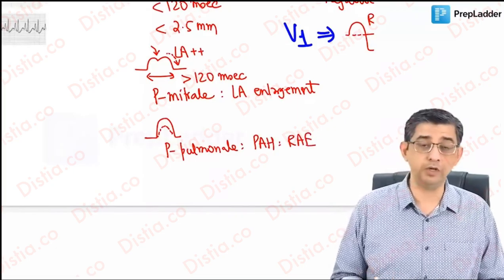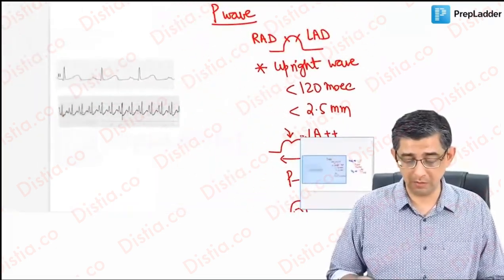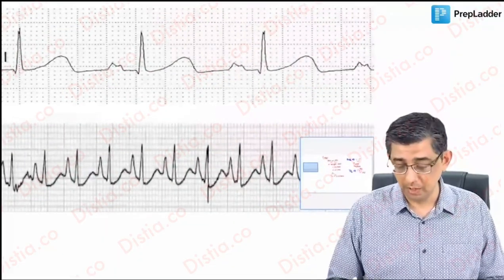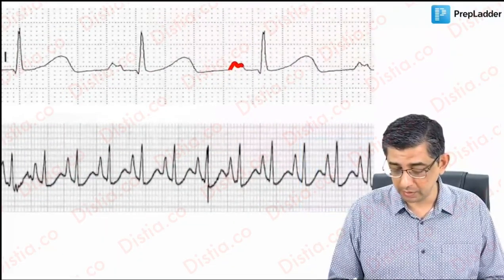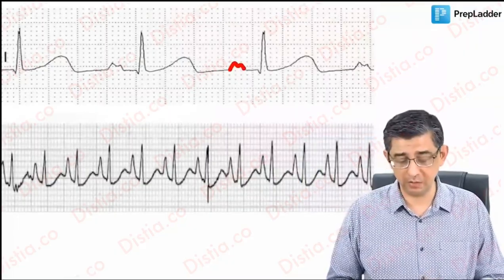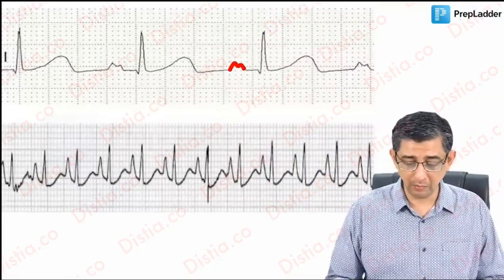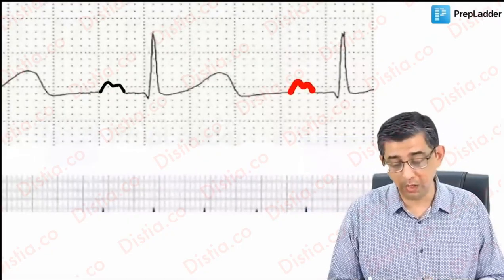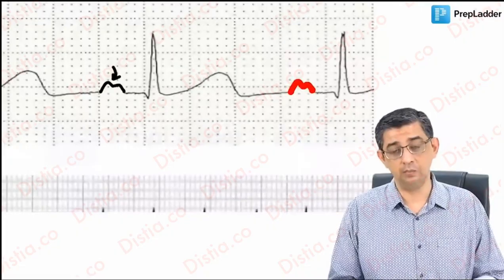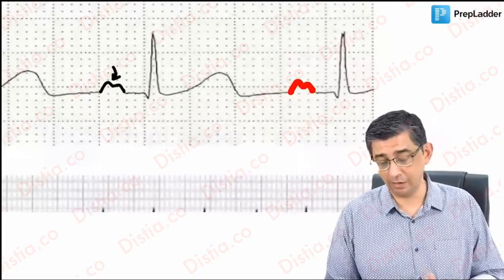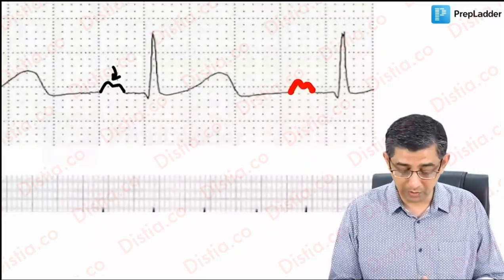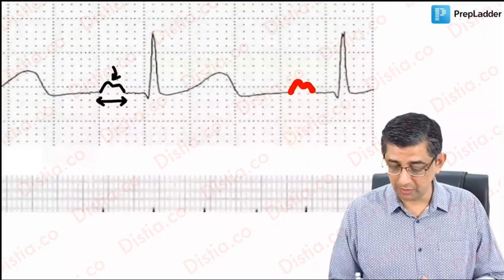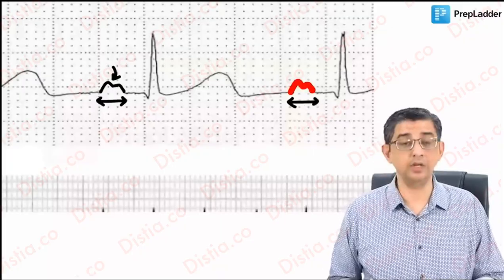So at the moment, I want you to remember two abnormalities of the P wave that I'm going to now show you in real time. You can notice a slight, I would say, bifid appearance of the P wave coming up. This is a classical textbook image, so it might look to you like you can see the notch per se, but what I want to highlight here is the fact that lots of times in the exam, all you will notice is that it is the duration component which is going to be affected in this particular case.